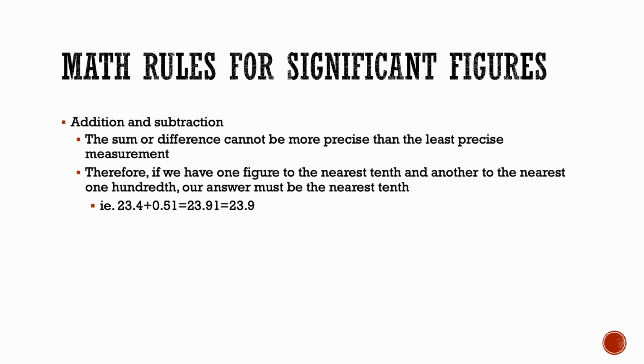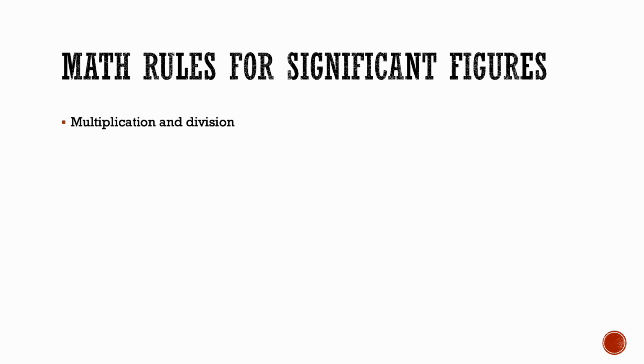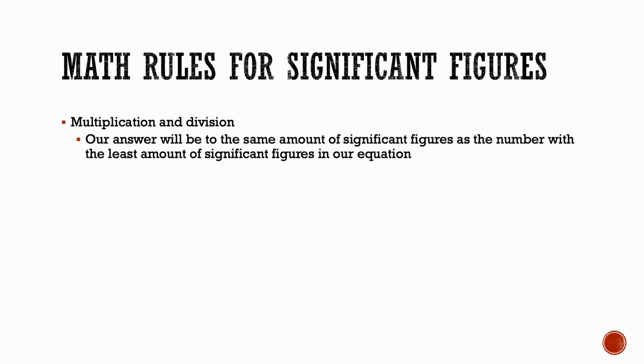Now we have different rules for multiplication and division. These ones are based off of our significant figures. Our answer will have the same number of significant figures as the term with the least number of significant figures in our equation. So for example, if we had something of 2 significant figures multiplied by something of 4 significant figures, our answer would have to go to 2 significant figures.